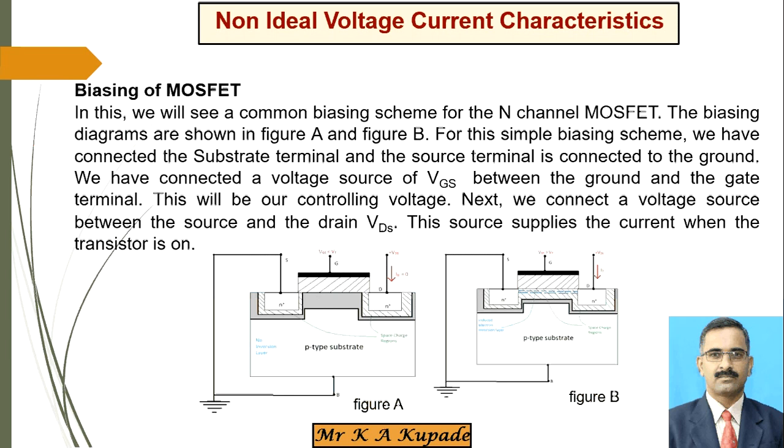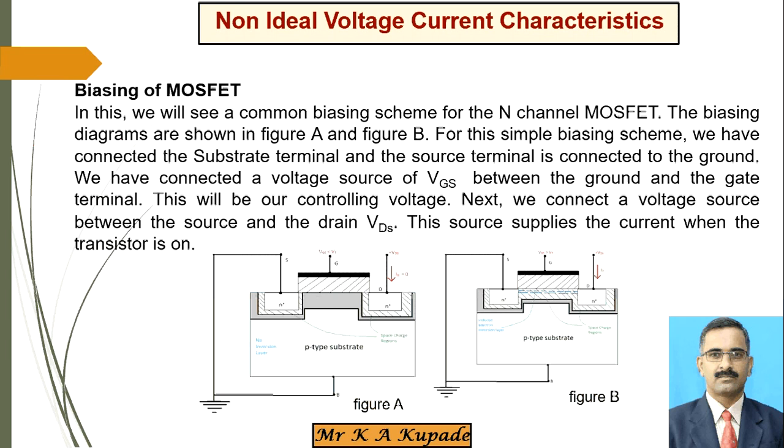Now the next figure in this slide shows when VGS is greater than the threshold voltage. At that time, what happened in the channel? In between the source and drain region, the channel is there, and in that channel the inversion layer is created.